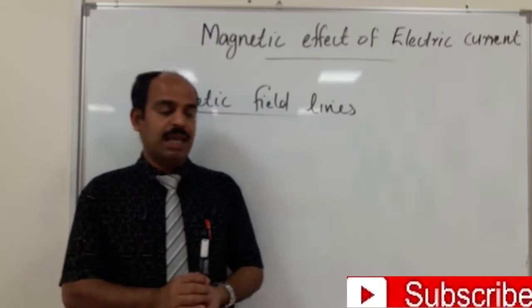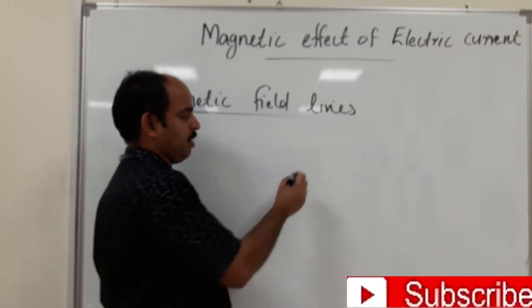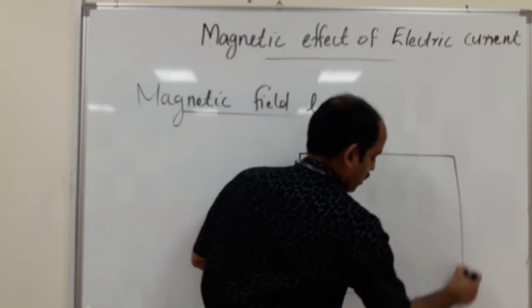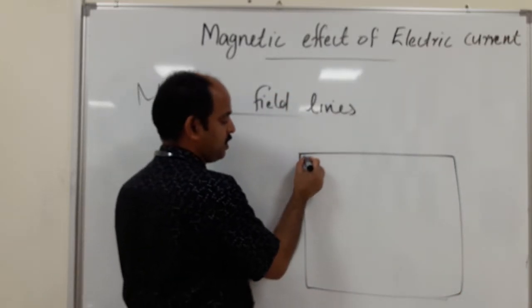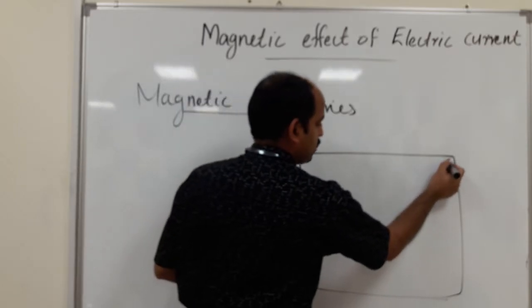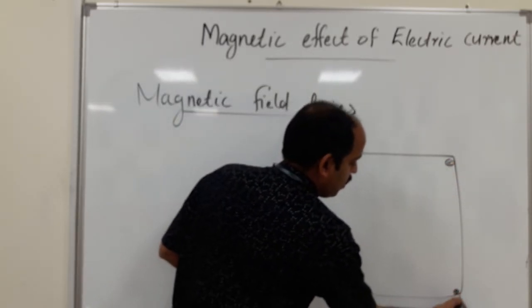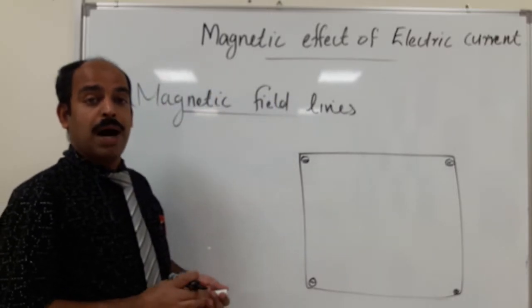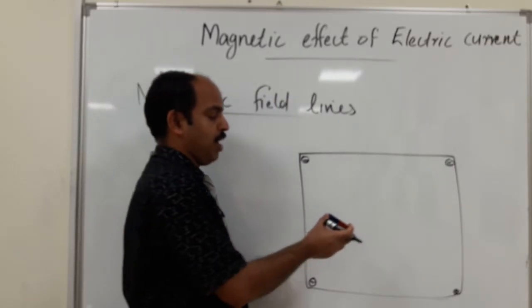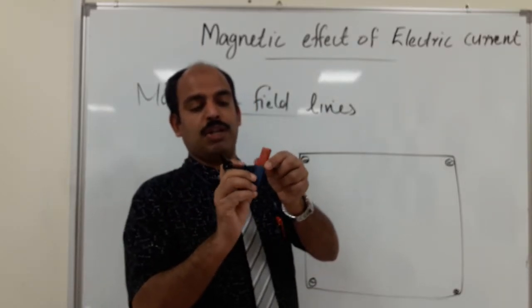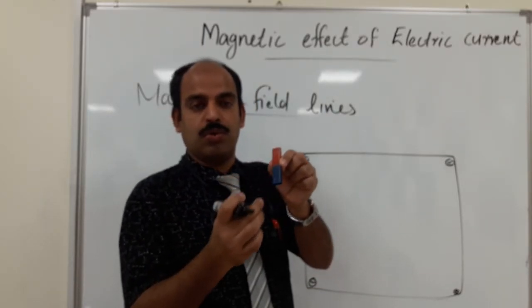Okay. For that, take a white paper and fix it on a cardboard like this. Now keep the bar magnet at the center of the white paper. So this is a bar magnet. A bar magnet has two poles, north and south, right?